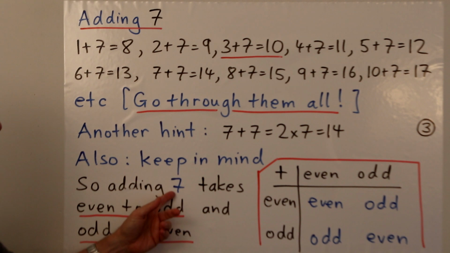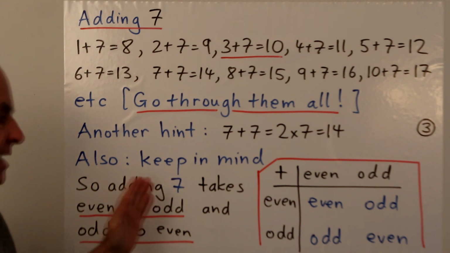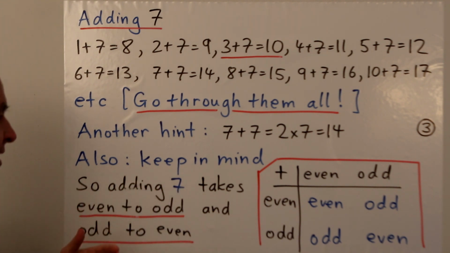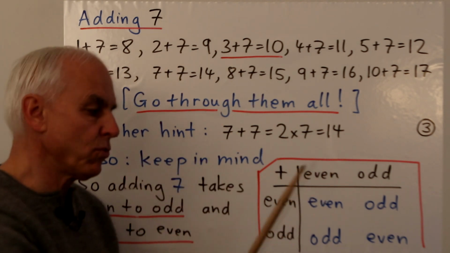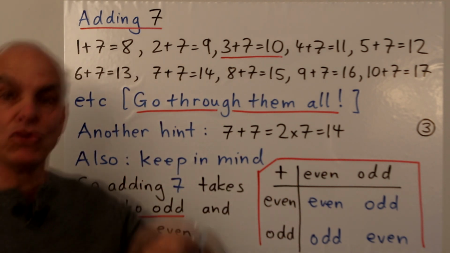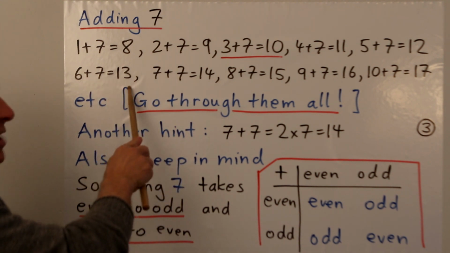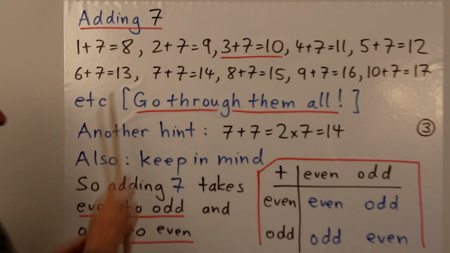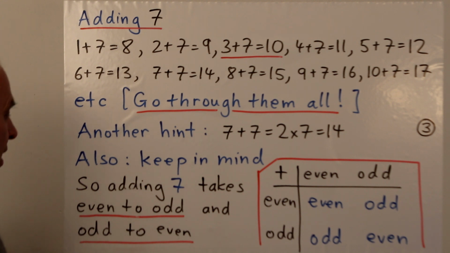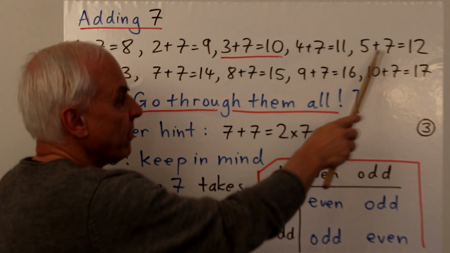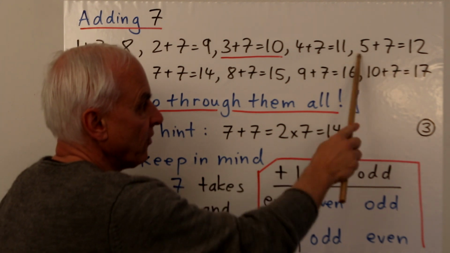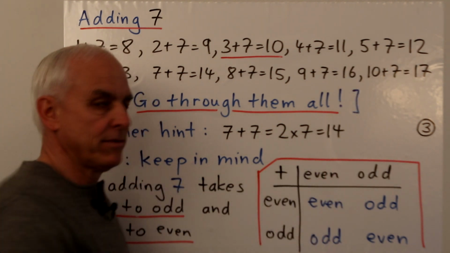So for example, if you're adding 7, 7 is odd. And that means that the process of adding 7 will take an even number to an odd number. Like 6 plus 7 is 13. 6 is even, 13 is odd. While it takes an odd number to even. 5 plus 7 is 12. 5 is odd, 12 is even.